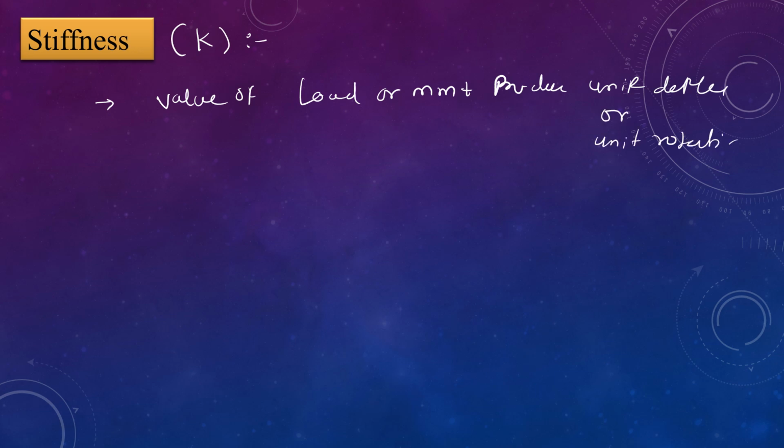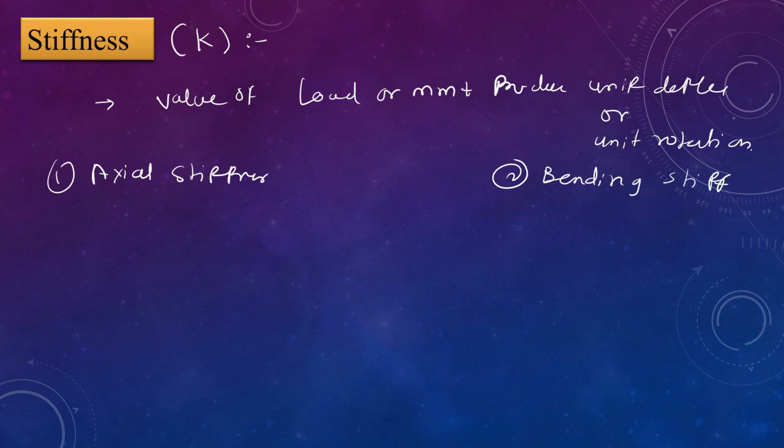There are two types of stiffness. The first is axial stiffness, and the second is bending stiffness.